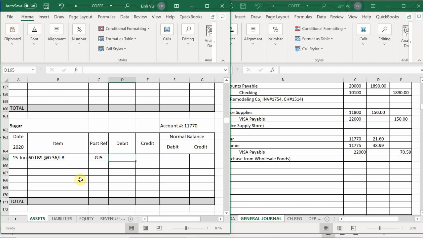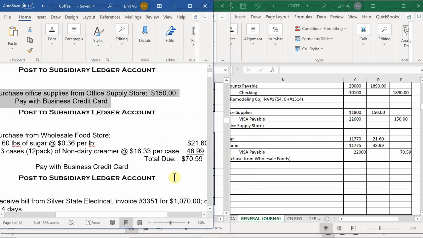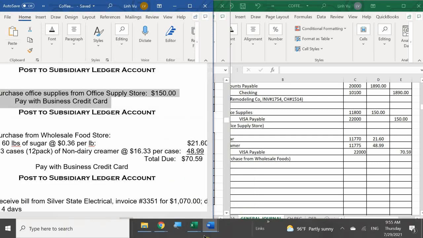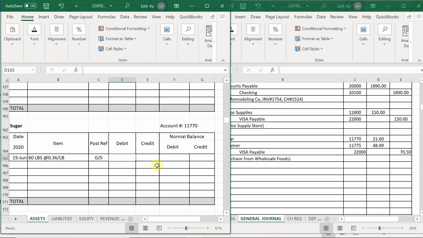How much was my sugar? It was $40 and some change. That's the creamer. I don't have it. Oh, $21.60. If you have your journal, it will also tell you how much to debit. So $21.60.